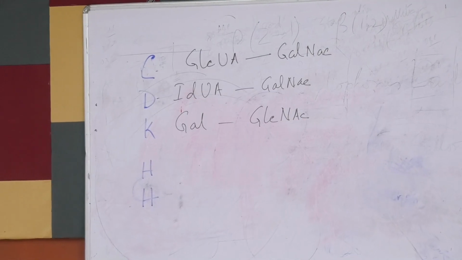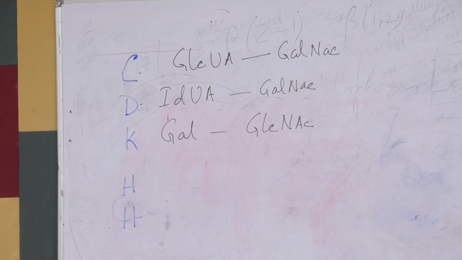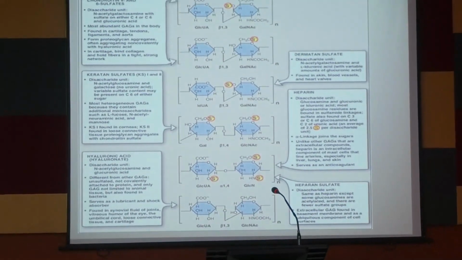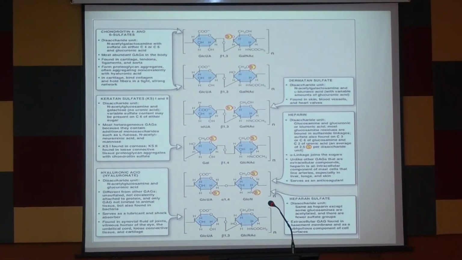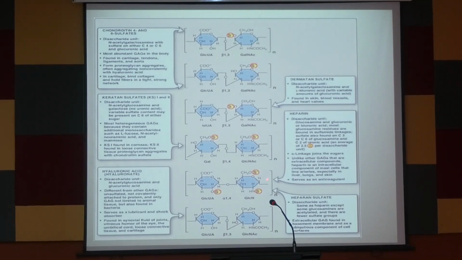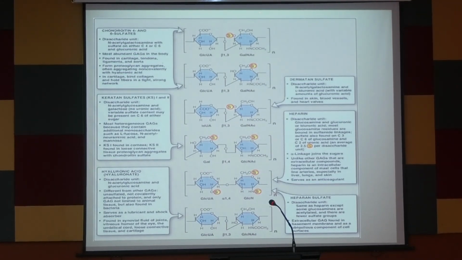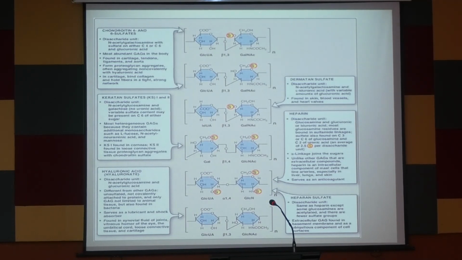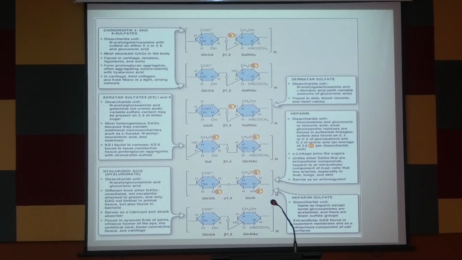Fine. Let us move on to the next one. Now, after keratan sulfate comes heparin or heparan sulfate. What is the difference between heparan sulfate and heparin? Heparin is more sulfated than heparan sulfate.